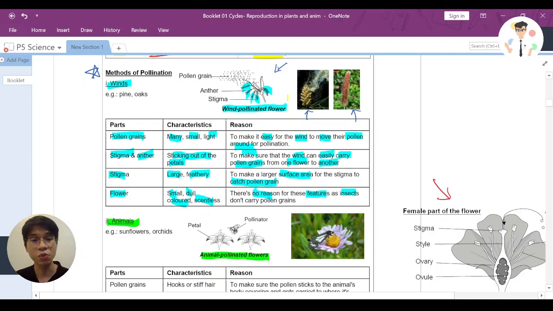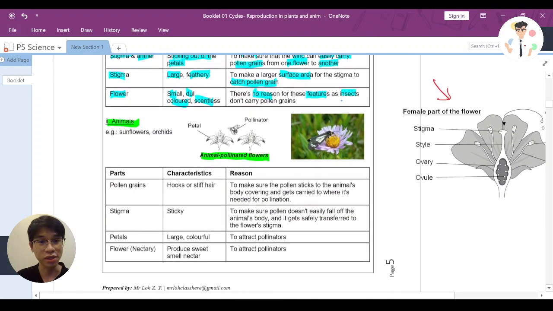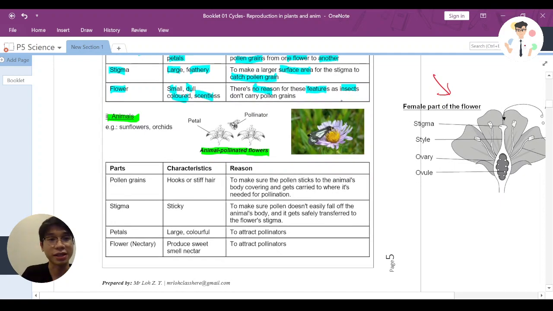Now the next one, which is something we are very used to, is animal pollinated flowers. You can see here we have a nice petal. This is what we usually draw in arts and craft class, right? You can see there's a pollinator coming because it's animals.